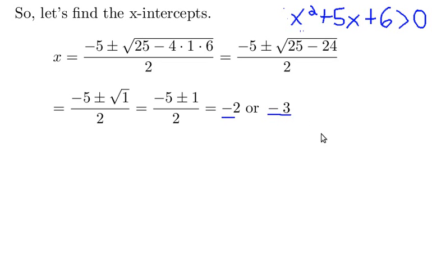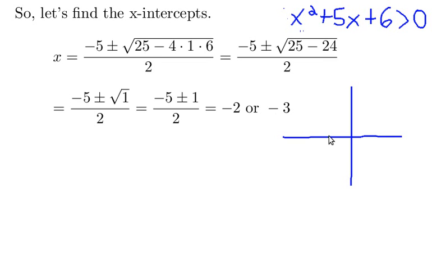So negative 2 or negative 3 are the x-intercepts for the parabola. We don't need to graph the parabola in order to finish this, but just to drive the point home, I want to show you exactly what I'm talking about. This is a parabola. It's going to be opening up because the understood 1 in front of the x squared is positive.